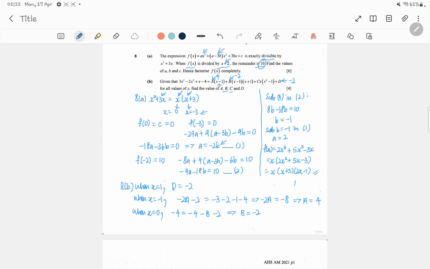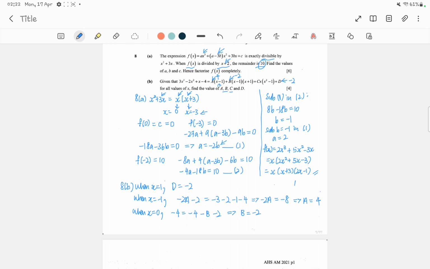So now our job is to find c, the only unknown that we don't know. For this final step, you can substitute any values of x, but I would suggest that you substitute a simple value. Don't choose too high. Just substituting x equals 2 will do.